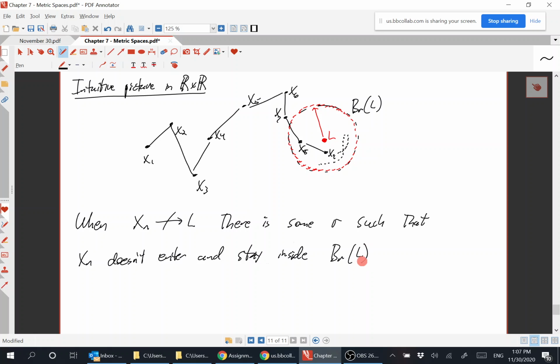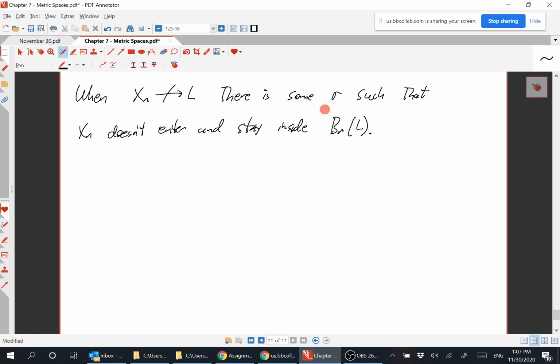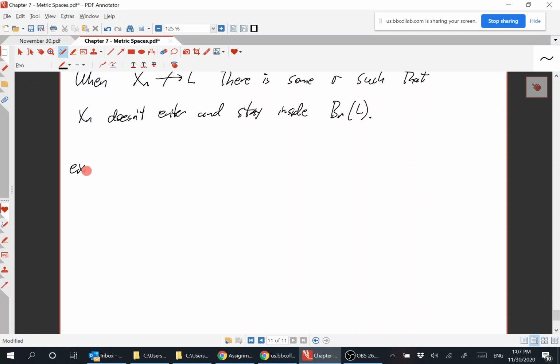So, for example, in the metric space R, consider the sequence (-1)^n. In other words, this is the sequence -1, 1, -1, 1, -1, 1, -1, 1, and so on and so forth.